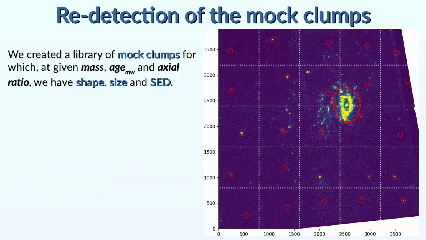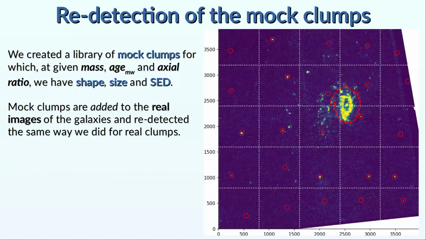So I created this library of mock clumps of a given mass, age, and elongation. So I can compute the shape, the size, and the SED, the spectrum of the clumps. And I added them to the real images. So in each square of the grid, you have a mock clump. And I reran Astrodendro just like I did with the real clumps.